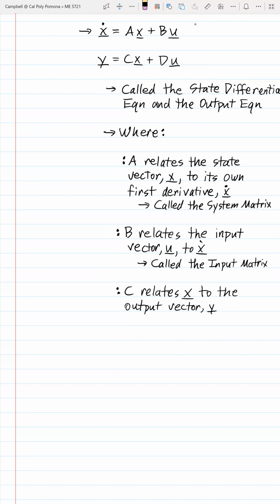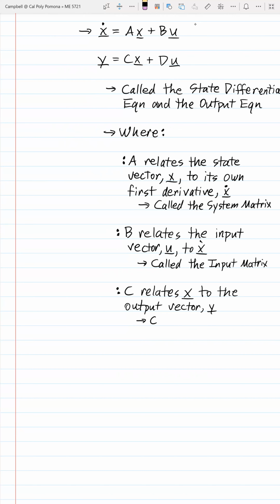But you'll also notice something kind of interesting with this notation that I'll capture here in just a second. But let me finish describing the different quantities that exist in this particular set of equations.